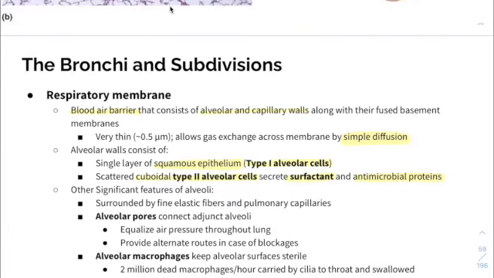Our alveoli are surrounded by elastic fibers, those pulmonary capillaries, because of course we have to get blood into the area so we can do gas exchange. We have pores. Those pores connect alveoli to each other, but they also equalize the air pressure.